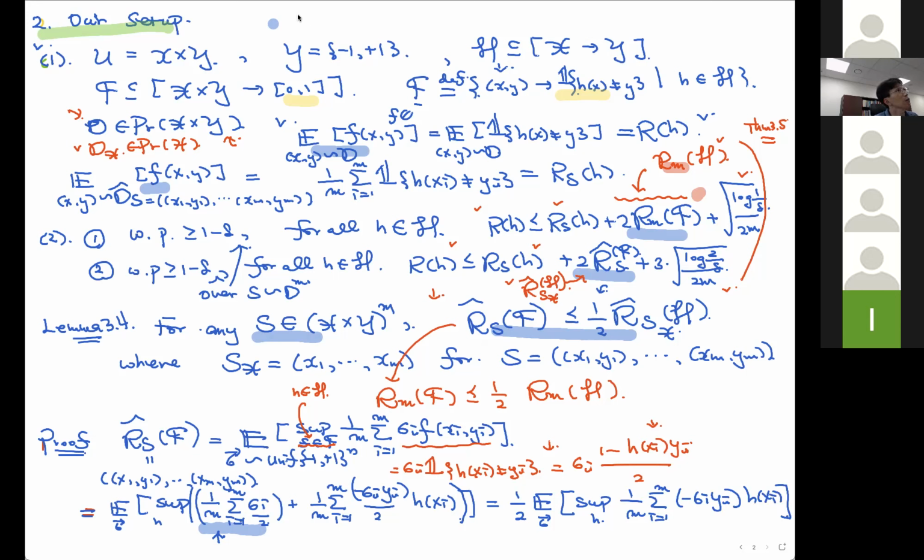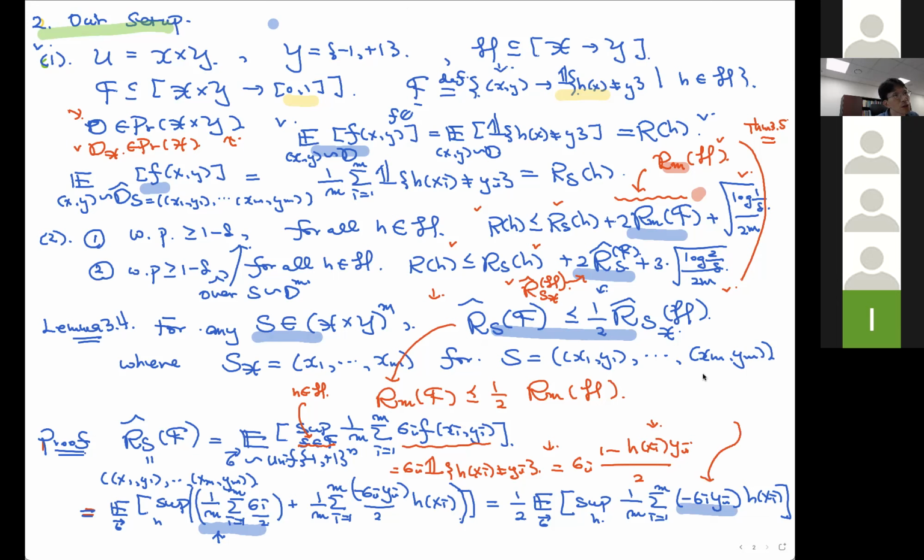We have Rademacher variables, and y1 up to ym are fixed, either +1 or -1. But multiplying all these sigma with these yi is not going to change their distribution. So here's what I mean precisely.